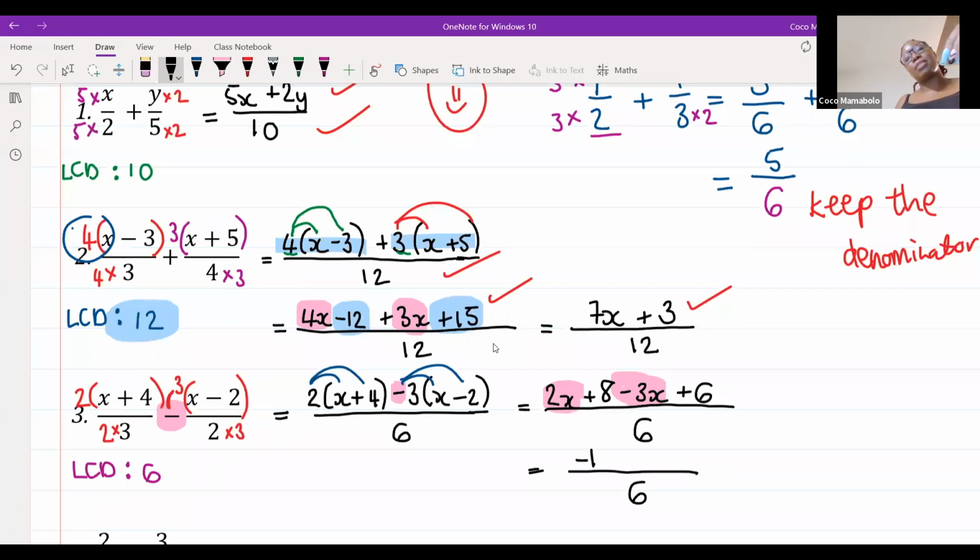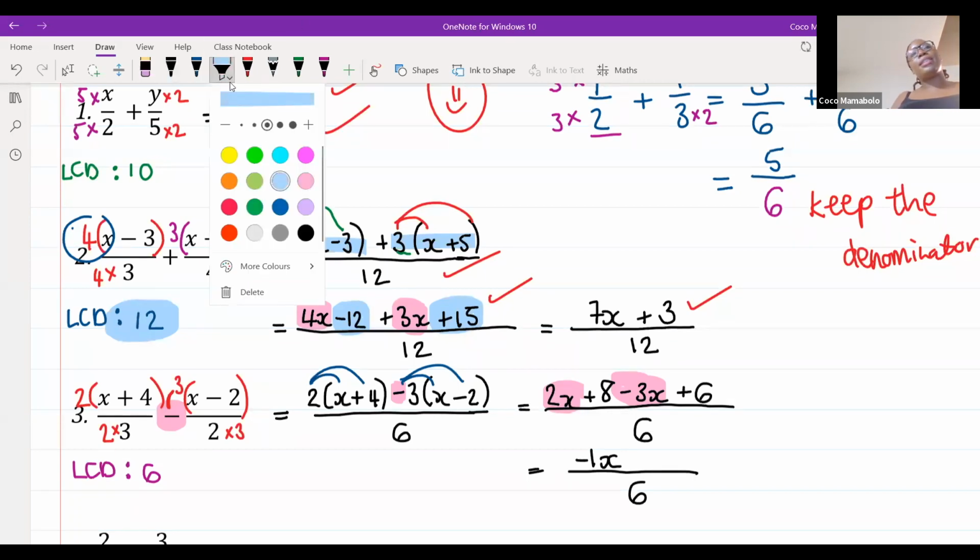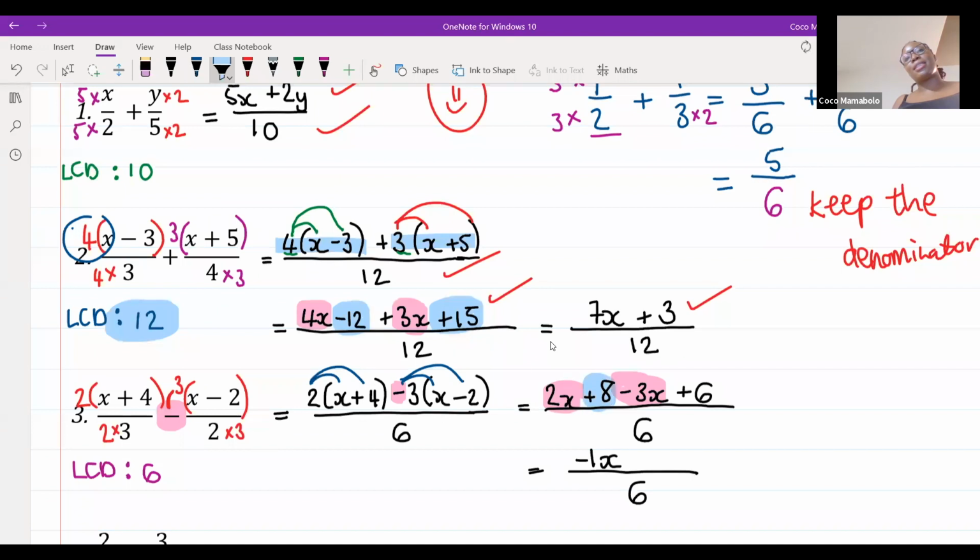Good. So this is negative 1x. And then I've got 8 plus 6. How much is 8 plus 6? 14. Good. So I've got negative 1x plus 14. Very well done. Nkululeko, keep trying. Love that energy. Excellent stuff. Well done.